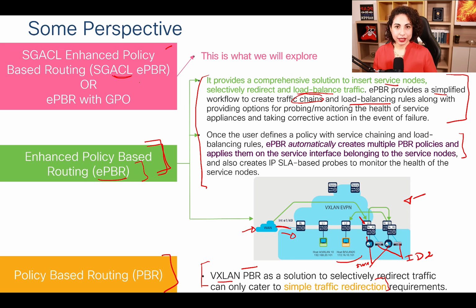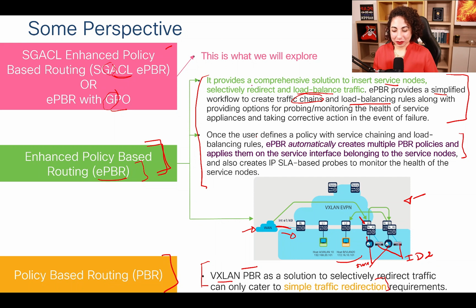They are ACLs matching endpoint security groups, hence the name SGACLs. Or ePBR with GPO, because GPO is group policy option. Whatever the terminology, the key takeaway is that we are using groups. So the G is the master here. G is the new black.